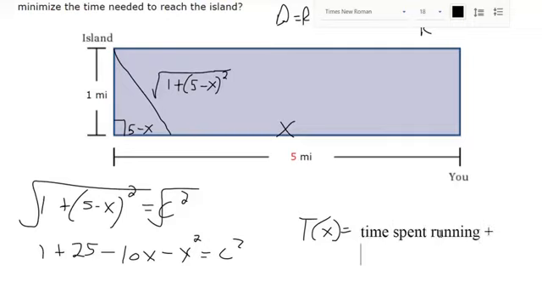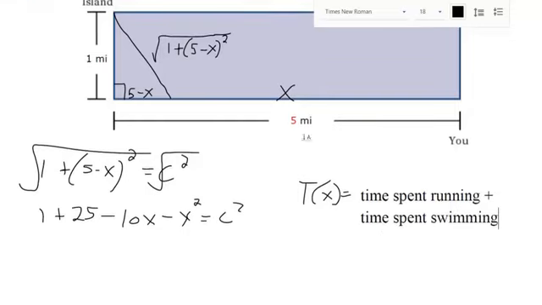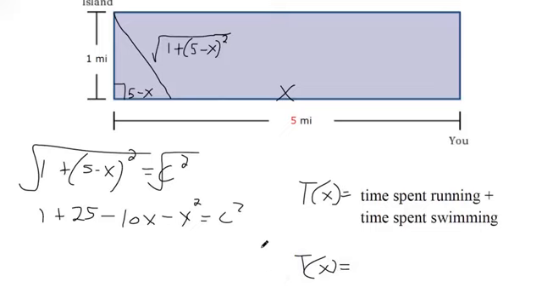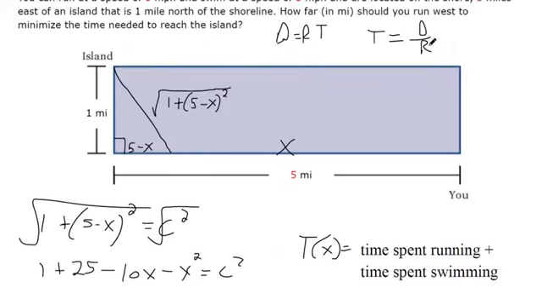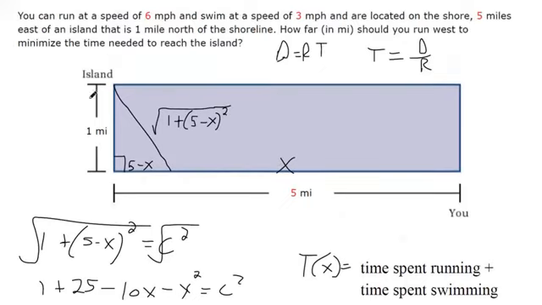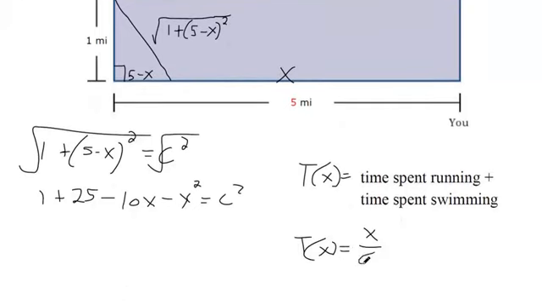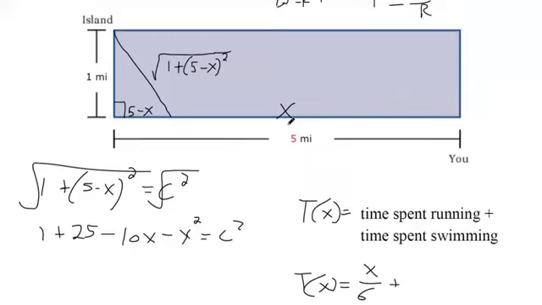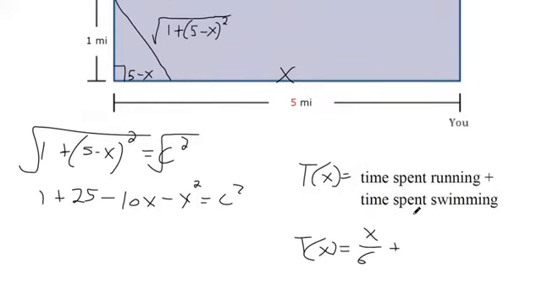Our time function is going to be the time spent running plus the time spent swimming. So we have that in terms of x. The time spent running is d divided by r. So the distance that we run is x, and the rate that we're running is 6 miles per hour. And now the time spent swimming is the square root of 1 plus (5 minus x) squared.